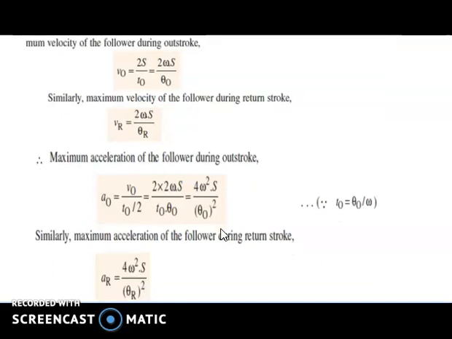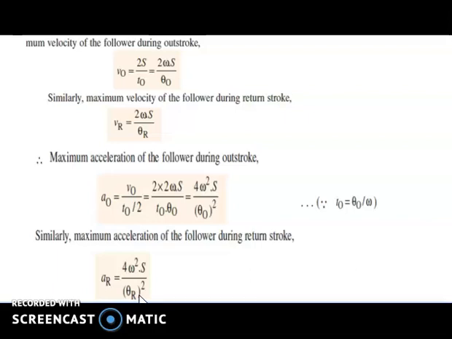Similarly, the maximum acceleration of the follower during the return stroke is, so instead of theta outstroke, we substitute theta return. So if you substitute the angle, you can see AR is equal to 4 omega square s by theta r square.